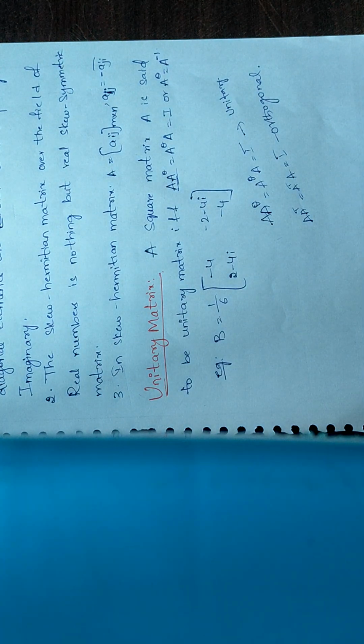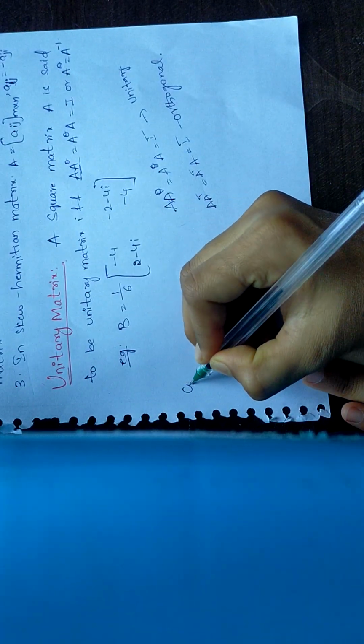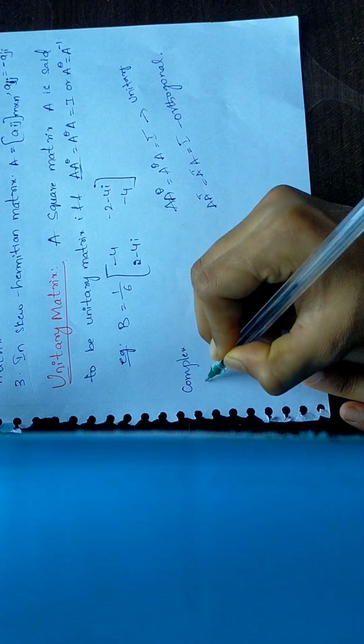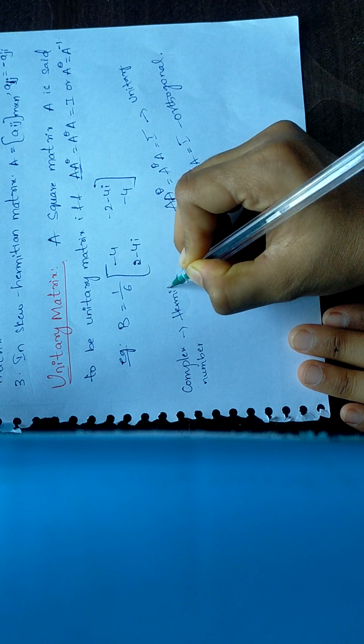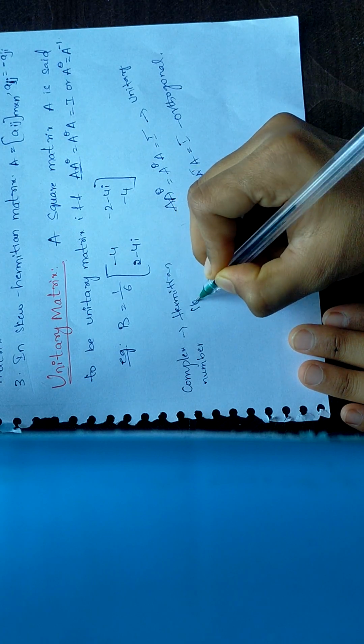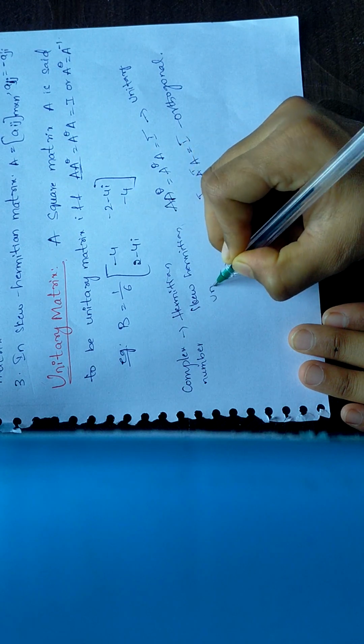So always remember that whenever it is complex number matrices, we will have Hermitian, skew Hermitian and unitary.